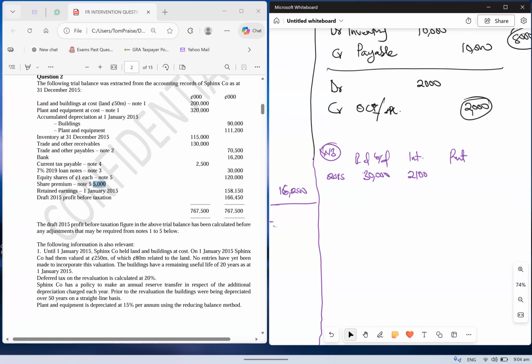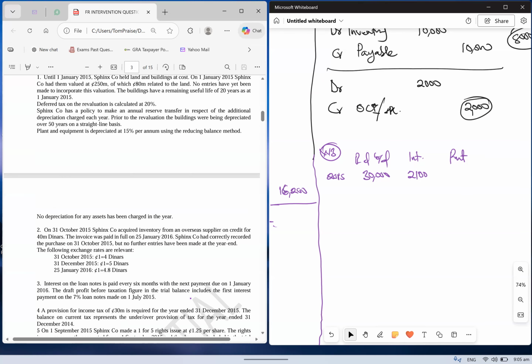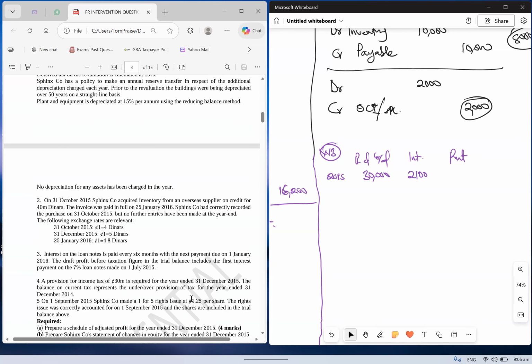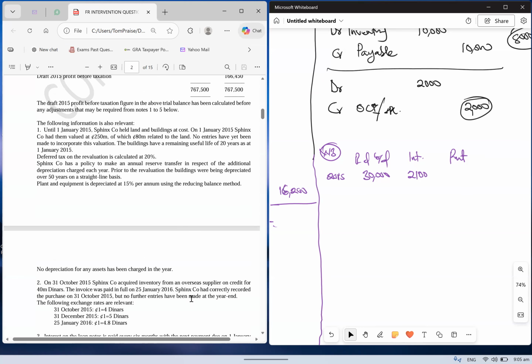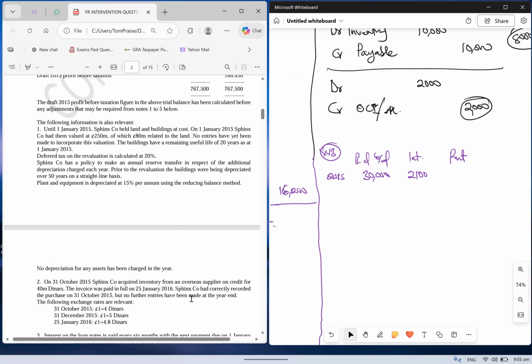But they have only made a payment of half. The question said the profit we started with includes half, so it means they've not done the other half.